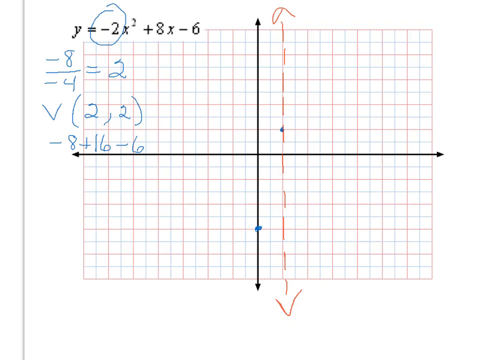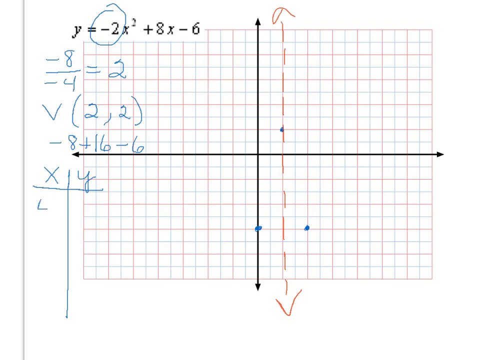So since I have that point down there at 0, -6, I'm pretty sure, unless I made a mistake, that I'm going to have another point over here at 4, -6. So that's a good one to check. So again, at this point now, I'm just plugging in values for x and finding y to help me shape this and to verify that that's correct.